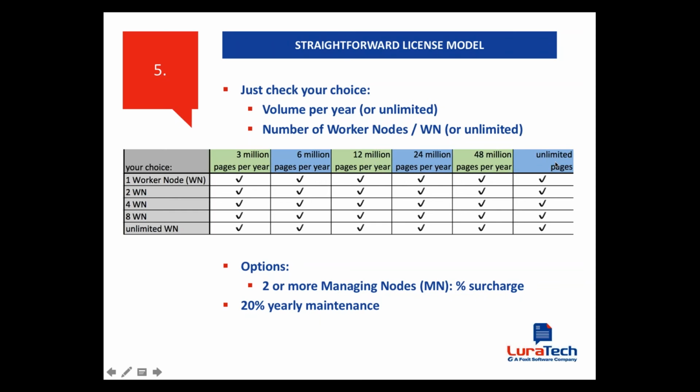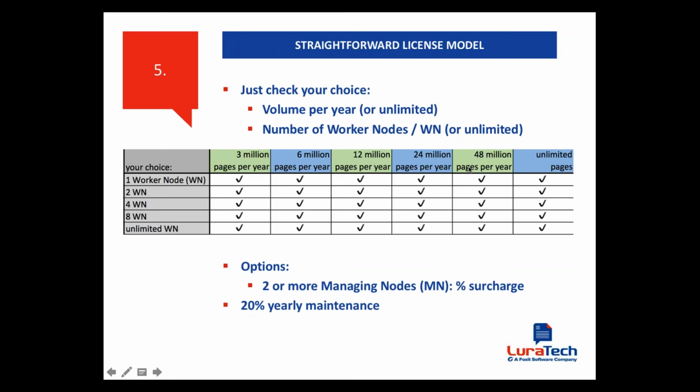Again, this includes all the options, including OCR, including PDF, including LuraTech's famous compression, including text to PDF as we saw it, Office to PDF as we saw it, all in these amounts, capped or uncapped as we have them here. That's the first choice you make.